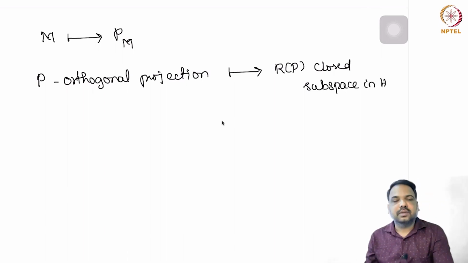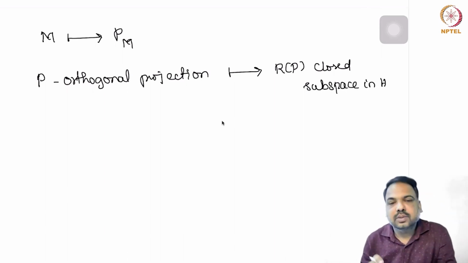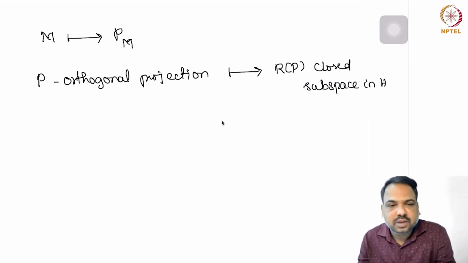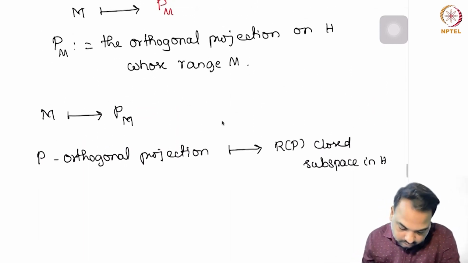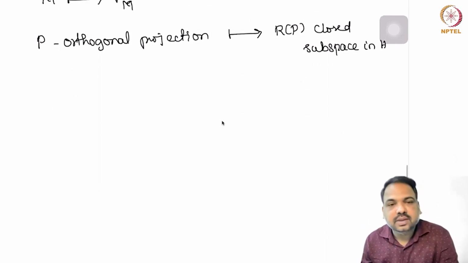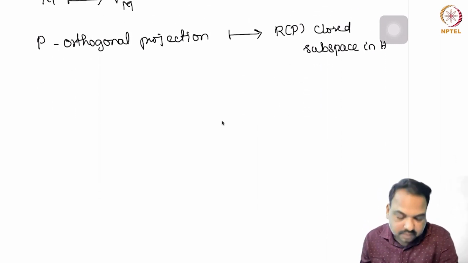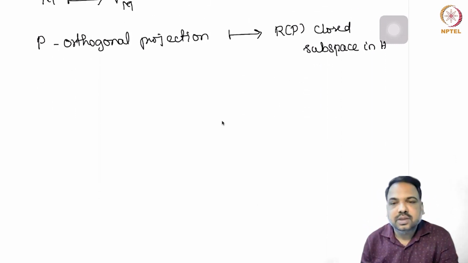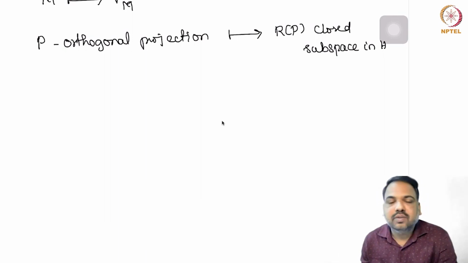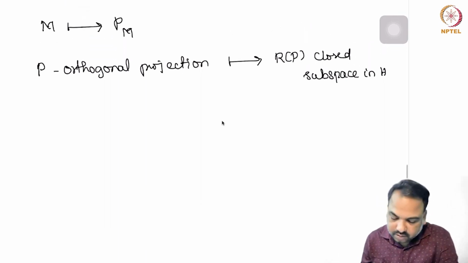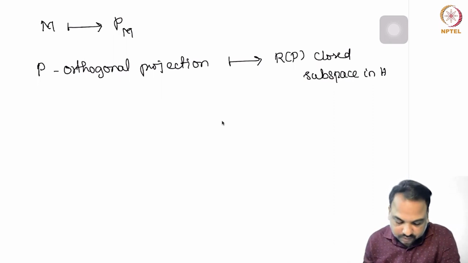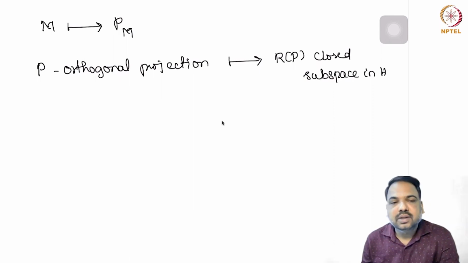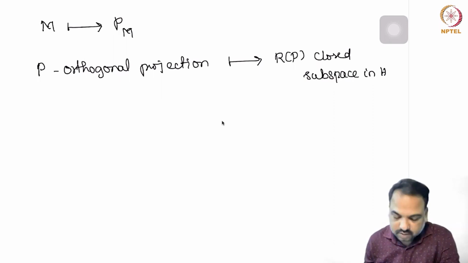That means we are associating a closed subspace with a projection and a projection with a closed subspace. Because of this correspondence, we can study closed subspaces using operators and vice versa. For example, using the convergence of operators, we can define convergence of subspaces. We can try to define the distance between two subspaces also.